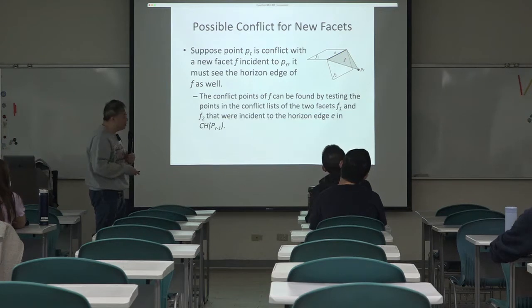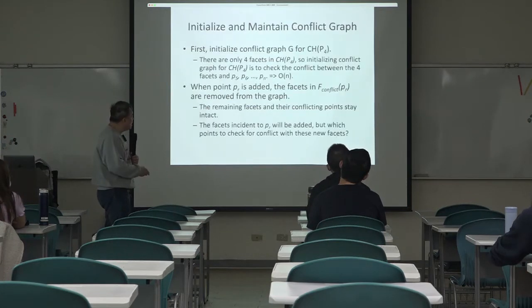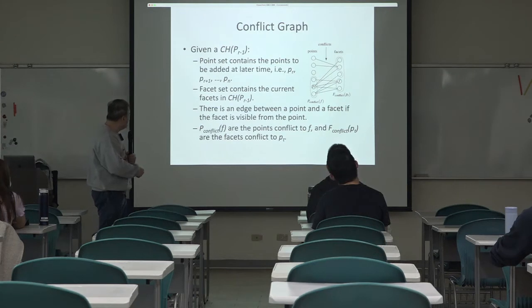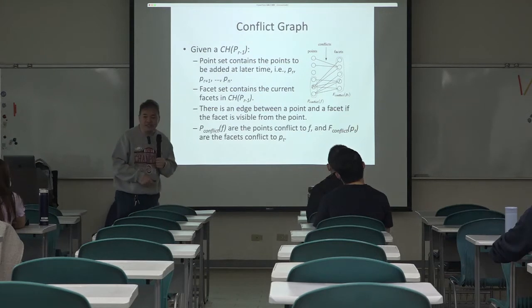So remember, like in a conflict graph, given a face, you can find the points that conflict with that face too, right?